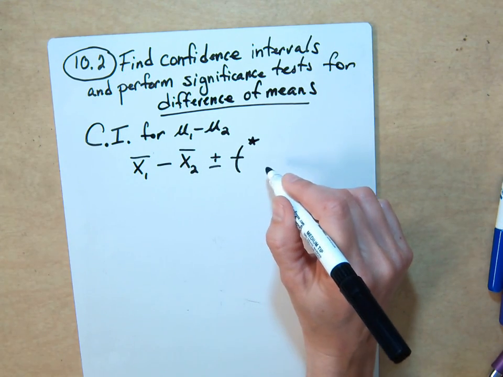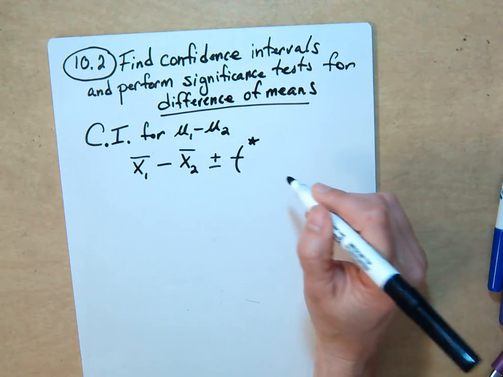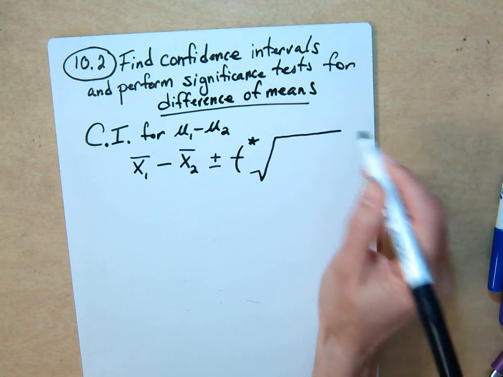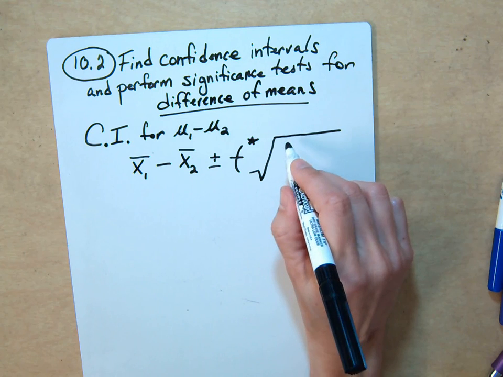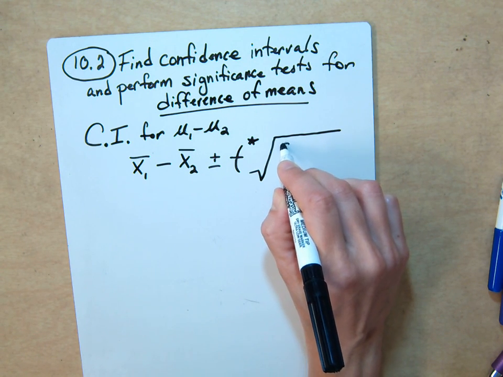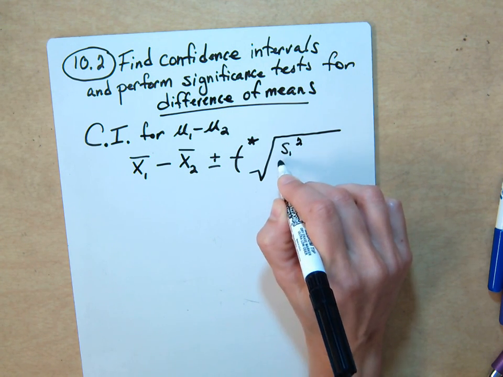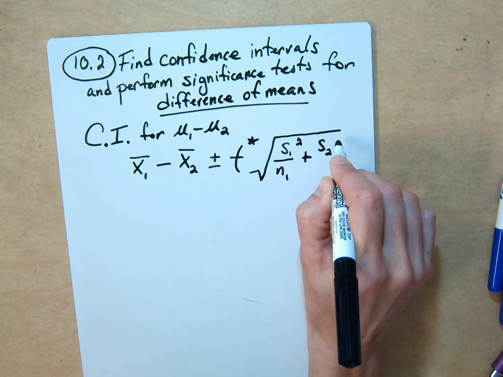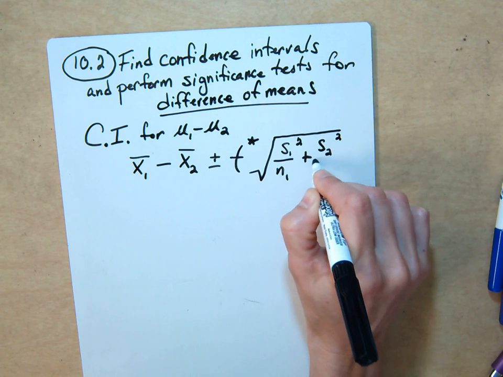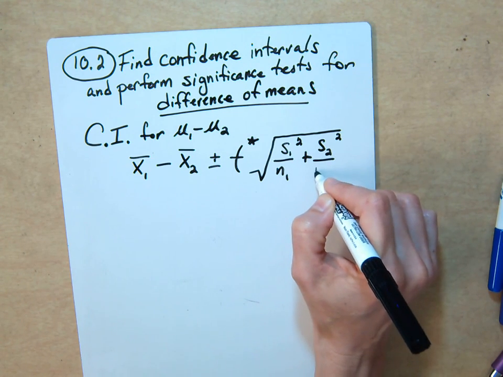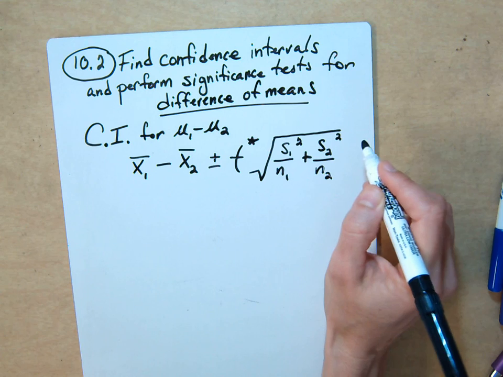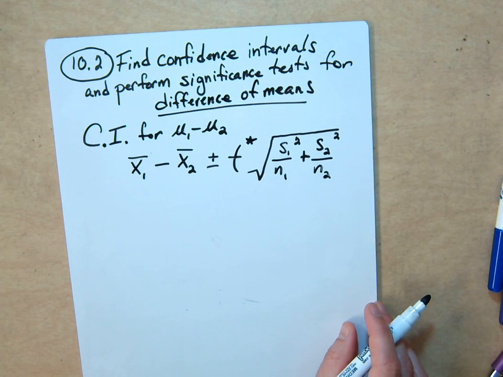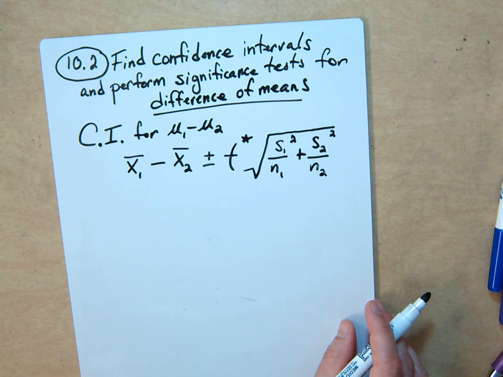You're using a t distribution because we don't know the standard deviation of the population typically, and then we use the sample standard deviations, s sub 1 squared over n sub 1 plus s sub 2 squared over n sub 2. This is on your formula card, and that is the confidence interval for difference of means. We'll do it in an example soon.